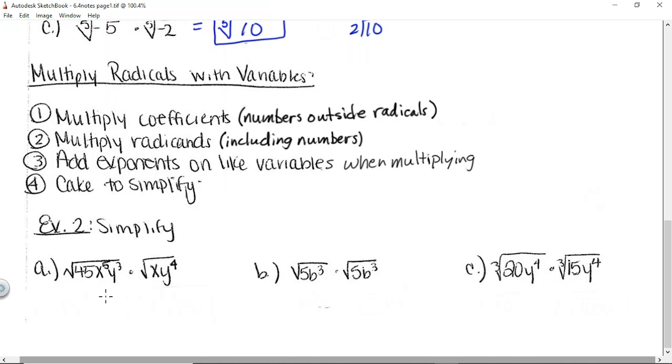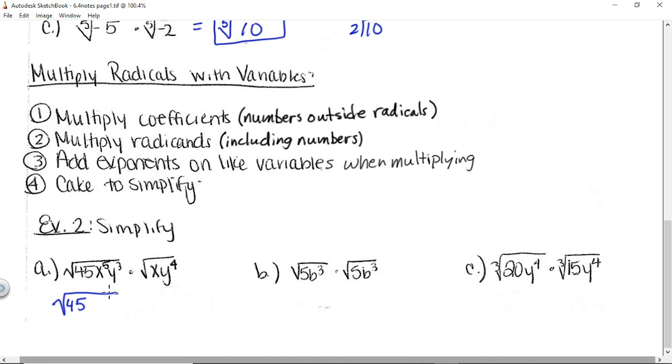Okay, so let's look at this first one. There's no numbers outside, so we just multiply those radicands, everything in there. And in the process of that, we will be adding exponents on like variables. So we have 45 times, there is no number in the other radical, so 45 is all there is.